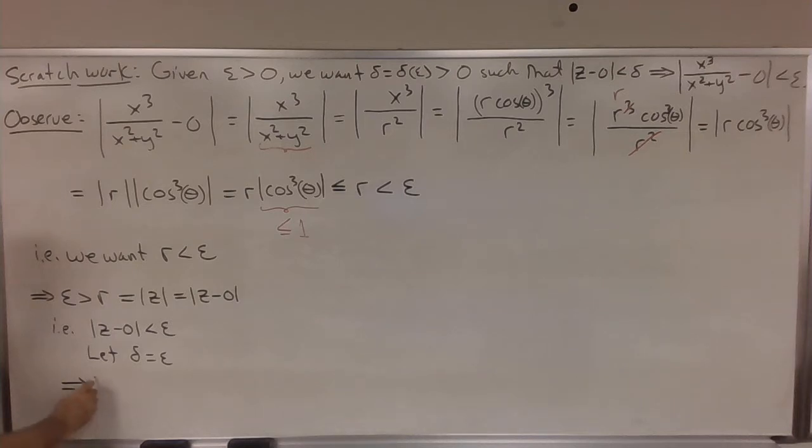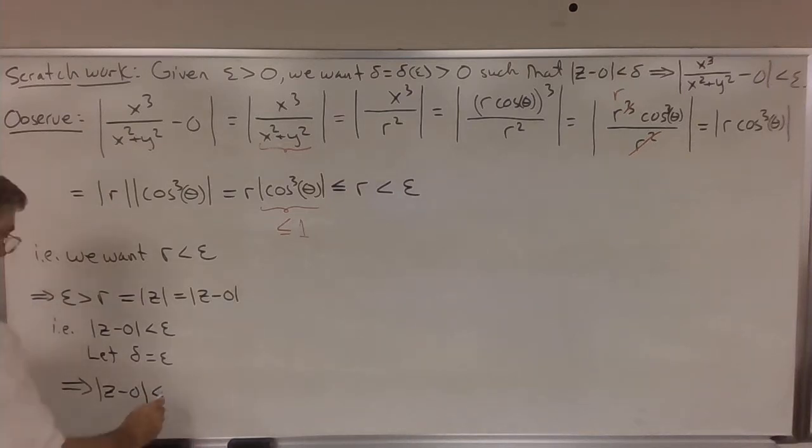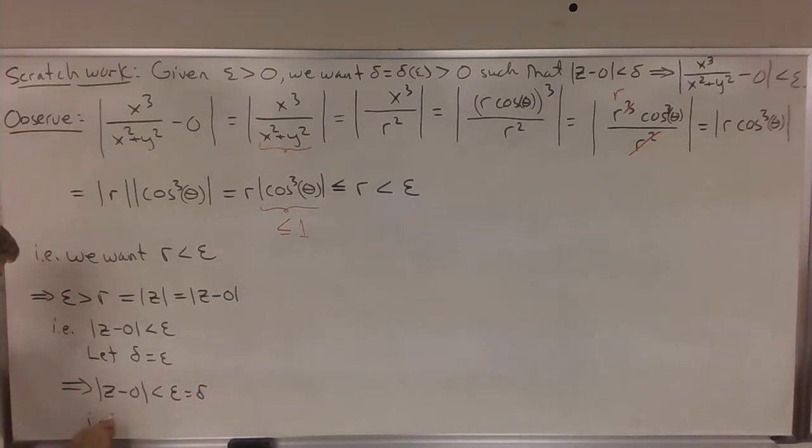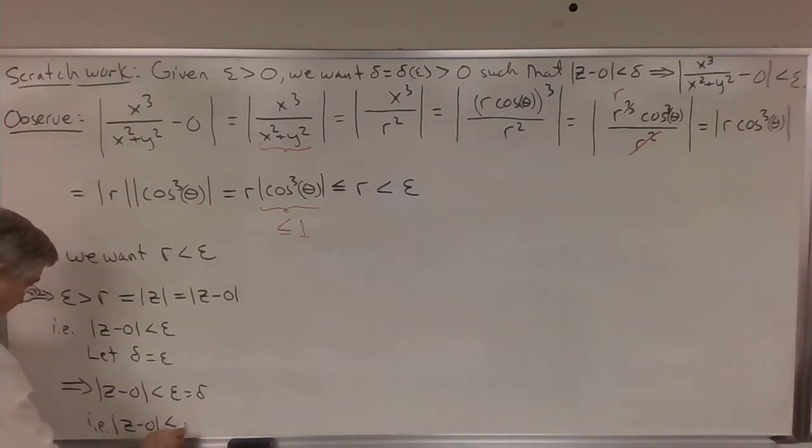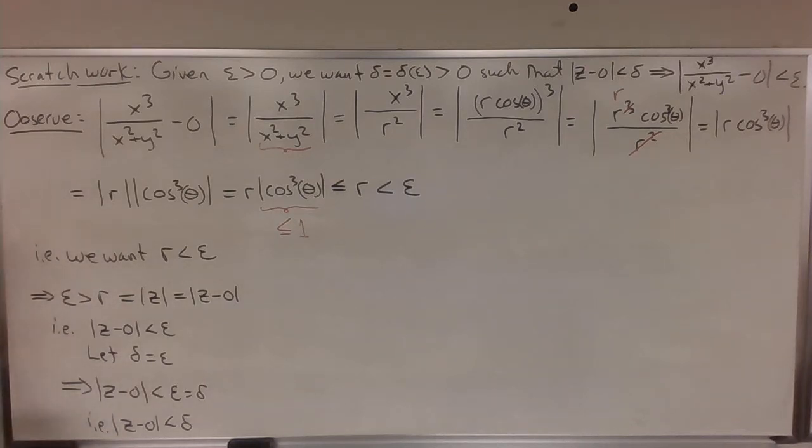And this implies the modulus of z minus 0 will be less than epsilon, which equals delta. In other words, modulus of z minus 0 is less than delta. So we have our delta. Delta equals epsilon. That's what we didn't have before.